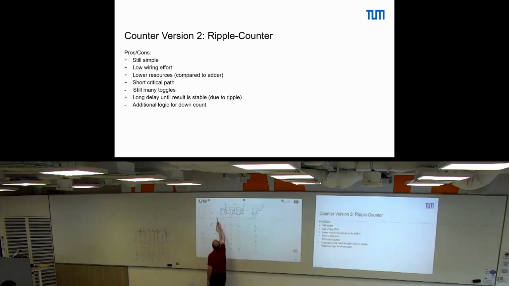If you see here some frequency that you can choose, let's say 1 gigahertz, events coming in. What is the frequency of events we see here? Half. Quarter, eighth, and so on. So it halves after every flip-flop.